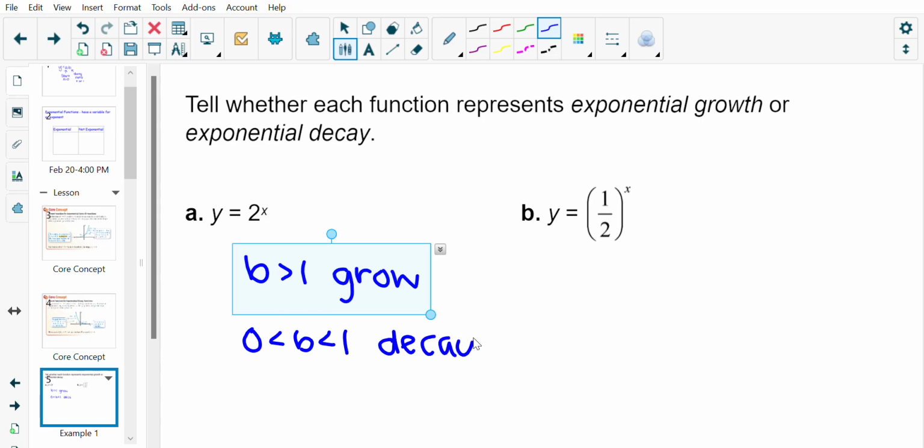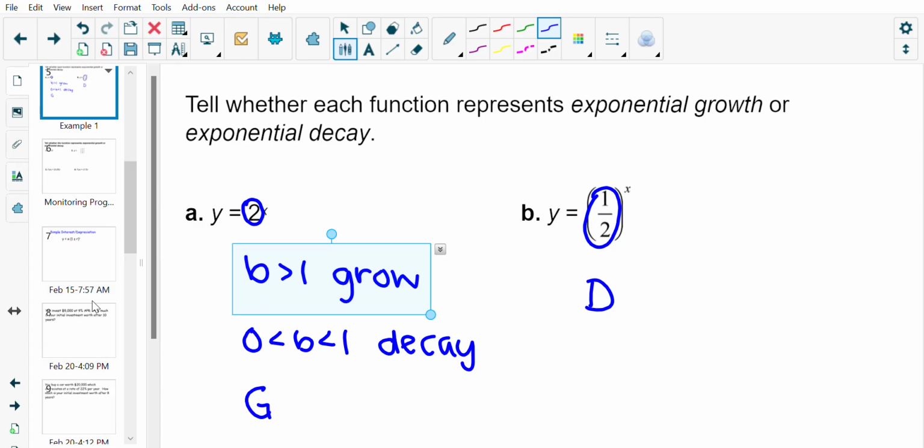So you're looking at that number that has the x as the exponent. So in this problem, 2 is my number that has the x, so 2 is bigger than 1, which means this is a growth. Where 1/2 is the part that has the x, so now this is a decay. So that is how we find it and how we determine if it is a growth or a decay.